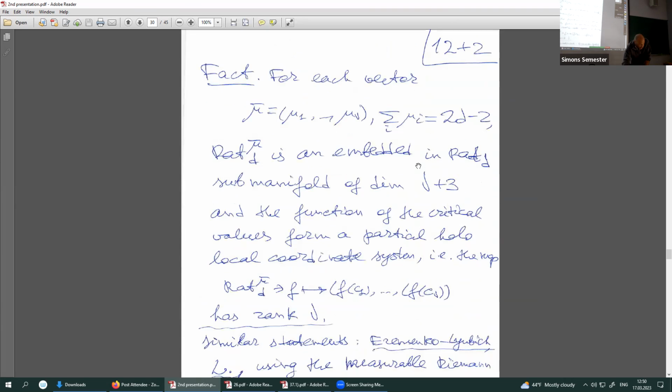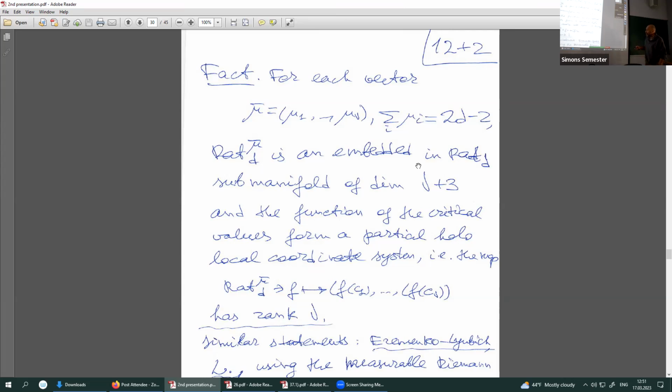Now, the following fundamental fact that I think was known also. For each vector, this set, this is a subset in Rd. So this is an embedded submanifold in the open set in projective space, of dimension nu plus 3. Okay, but that's not very crucial.